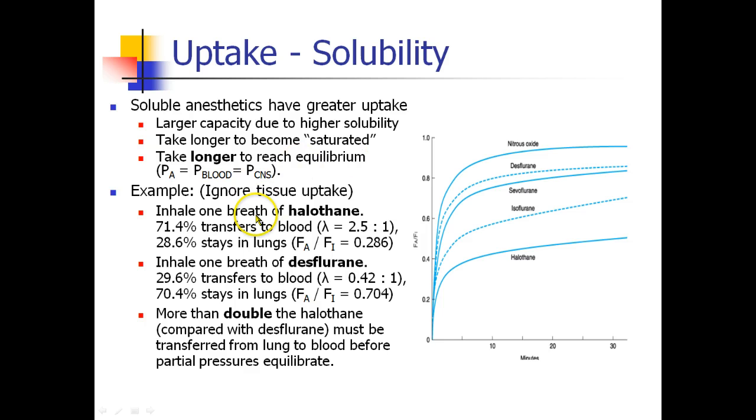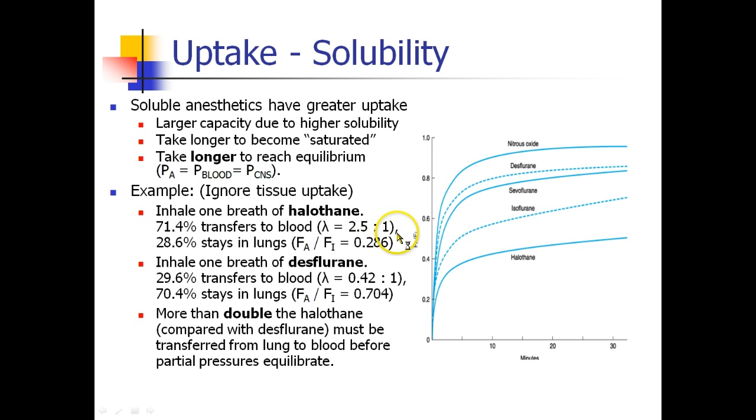So for example, let's imagine halothane. A patient takes one deep breath of halothane. Now we know that the partition coefficient of halothane is about 2.5. It's 2.4. So it's 2.5 to 1. For every 2.5 parts in the blood, there's 1 part in the gas phase.